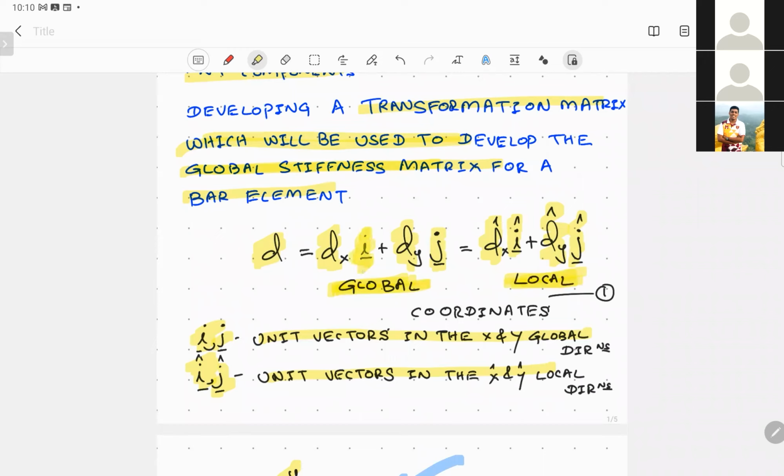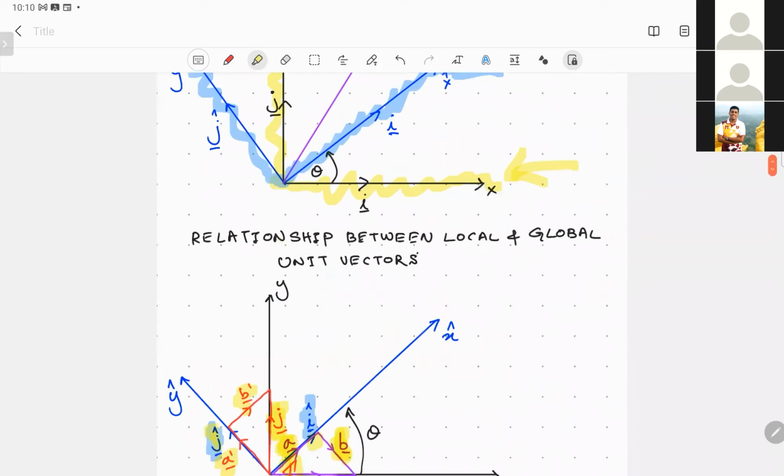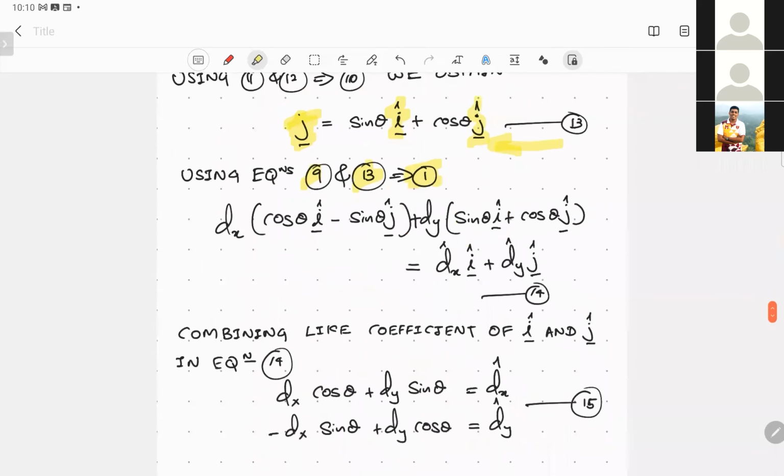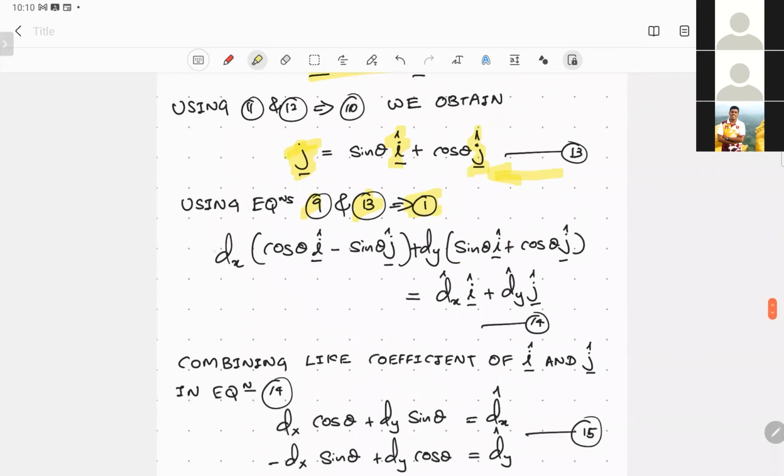Since we have found i and j values now, we can substitute these values to obtain a value for vector d. So d is nothing but dx times the i vector, where you substitute this value, plus dy times the j vector, and it is equal to whatever values we define in the local coordinate system using i hat and j hat.